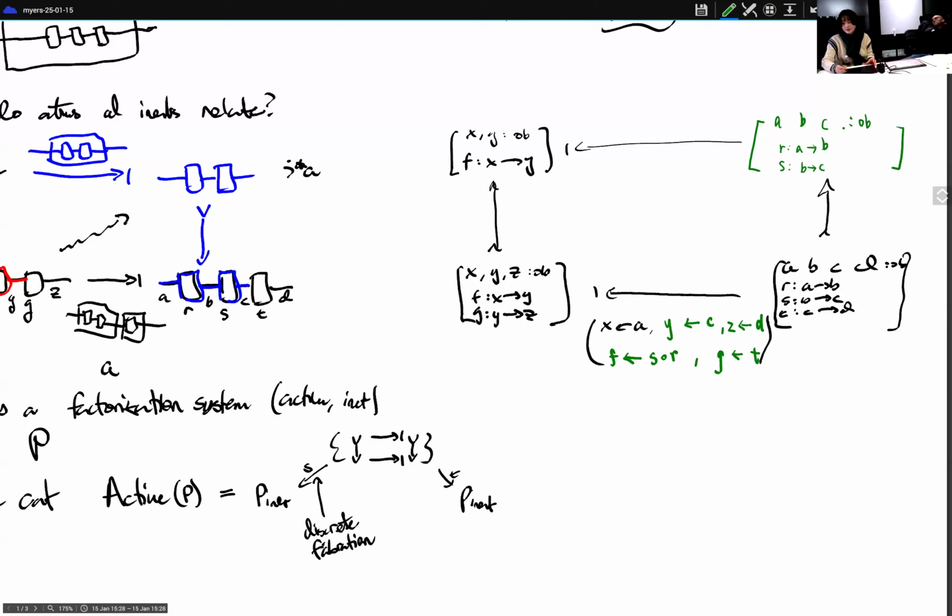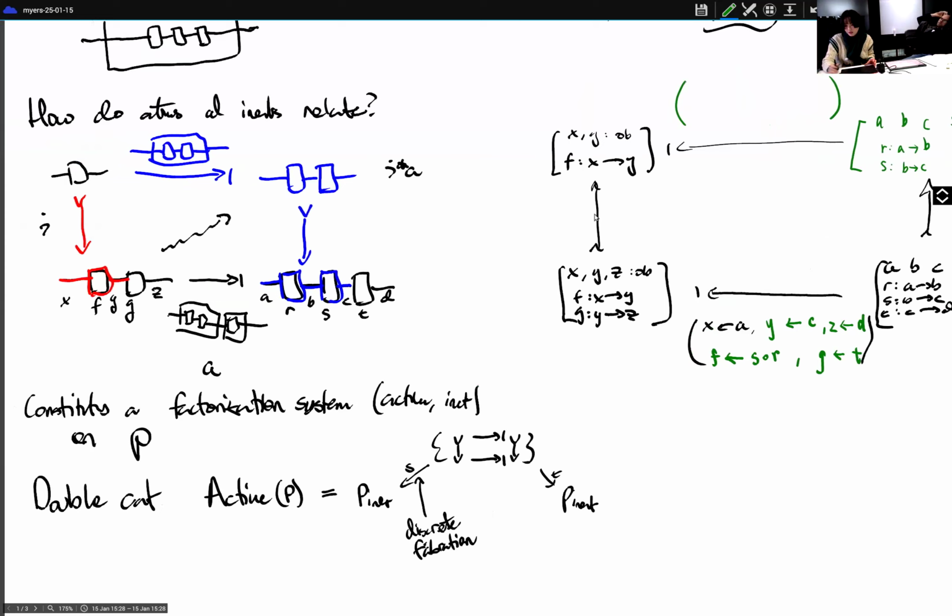Right? And let me try to do this one. The top horizontal map. So let's move a bit. Okay.